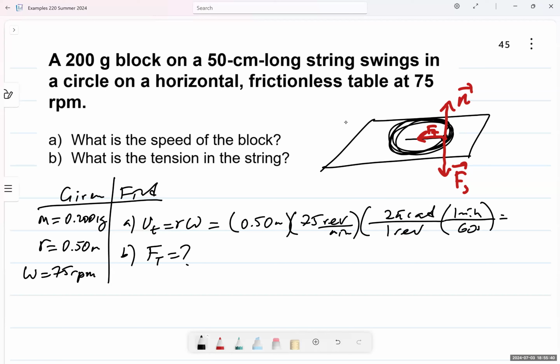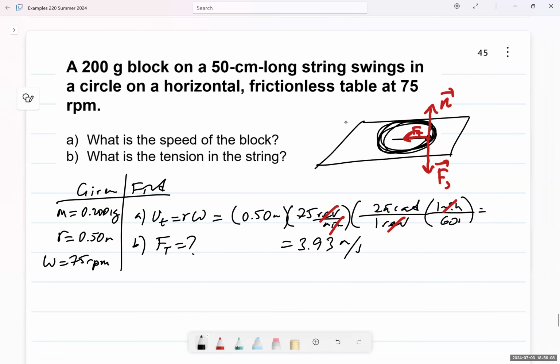We can solve it and get the velocity in meters per second, because revolution cancels with revolution, minutes cancel with minutes, and then you have meters times radians per second, but radian is not a real unit. So this is just 3.93 meters per second. You ignore radian as a unit.